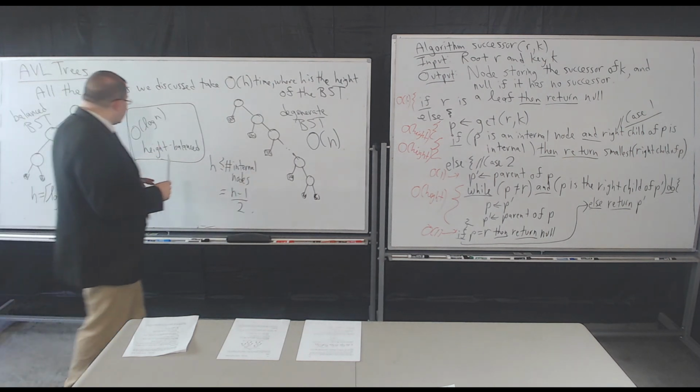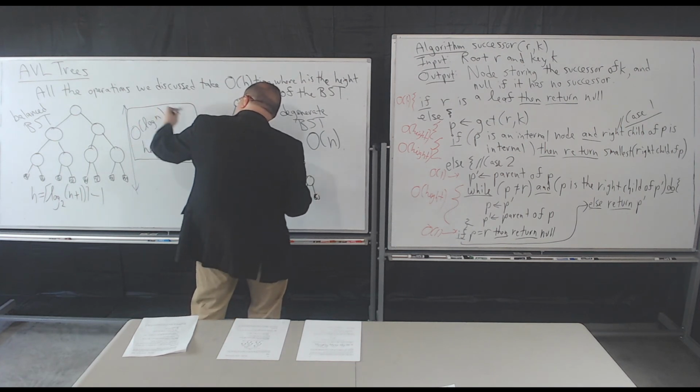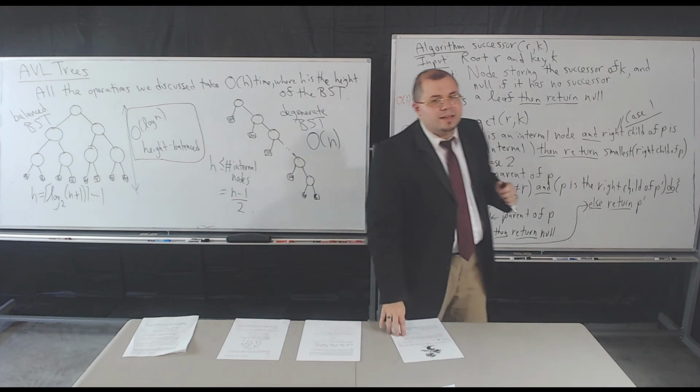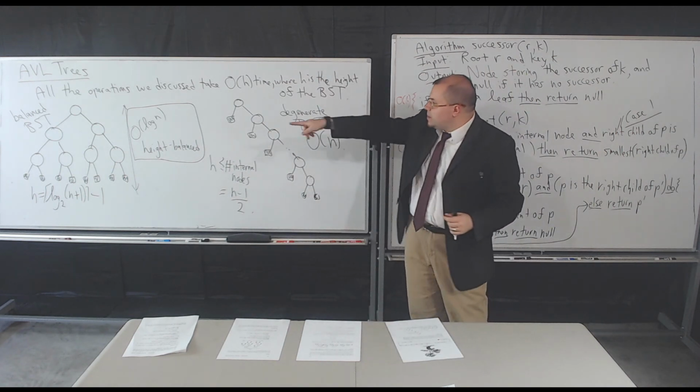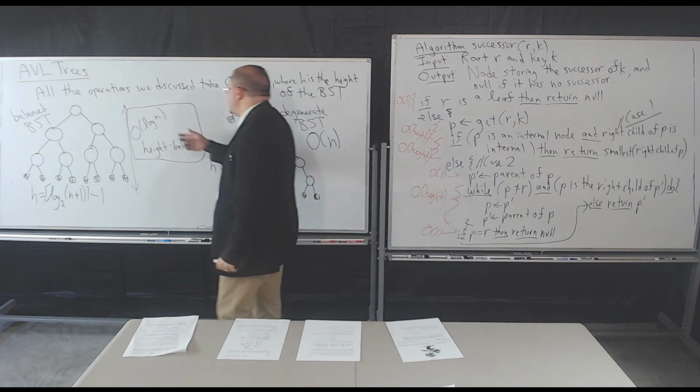What we would like, and this is going to be our goal, is to maintain a binary search tree that is height balanced, meaning its height is big O of log n. So it's allowed to be some constant factor away from the balanced binary search tree, but the point is its height is big O of log n.